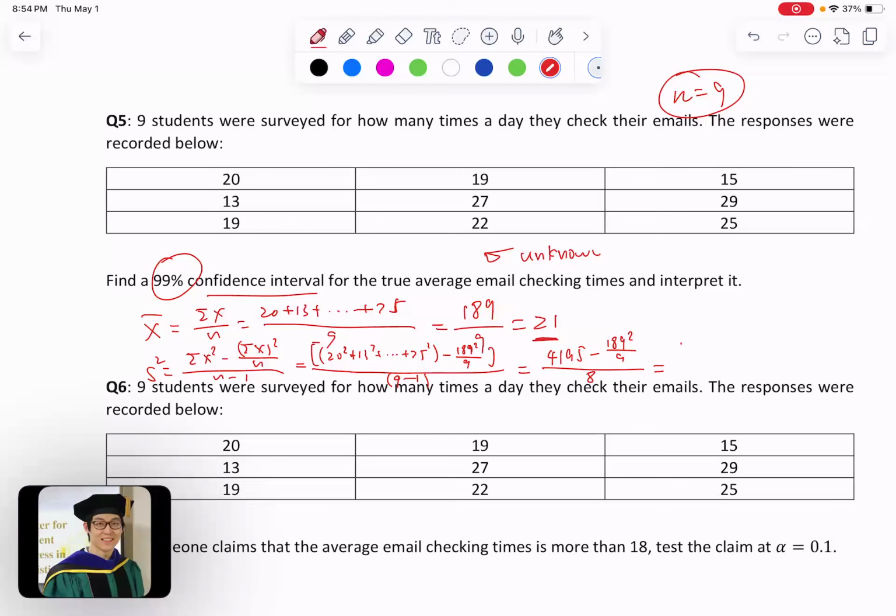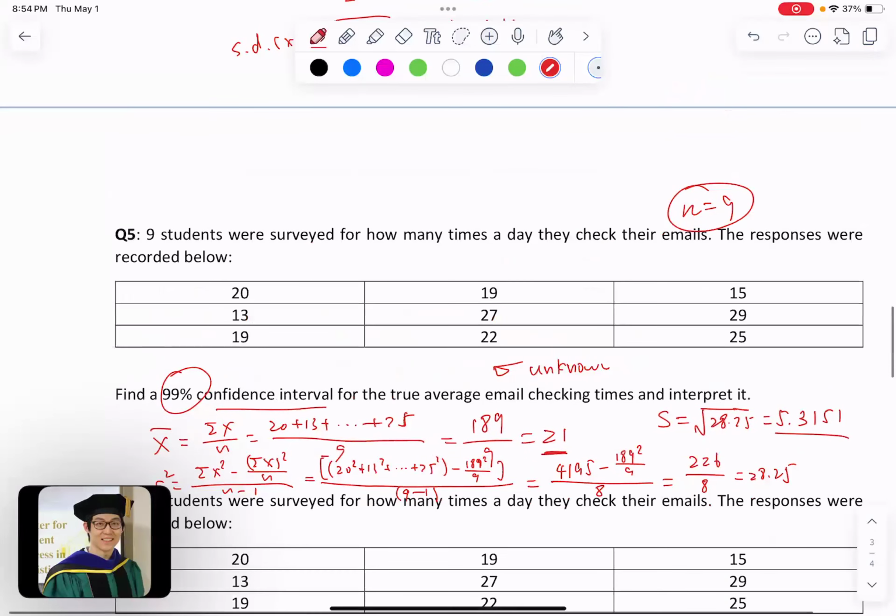So the difference is 226. So over 8. What we have is 28.25. That's the variance. So standard deviation S is square root of 28.25. That gives us 5.3151. So that's the standard deviation, right?